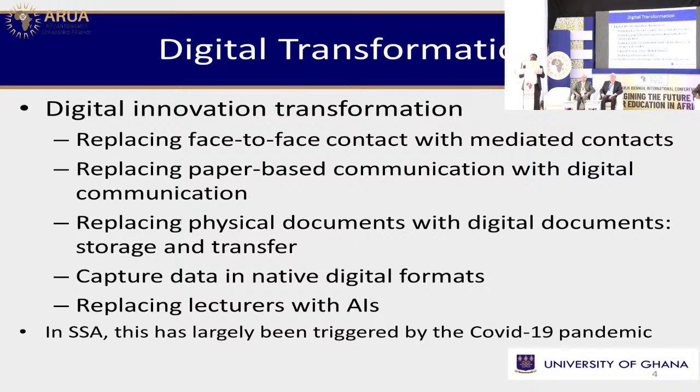So the document itself has become a struggle where we swing between the digital and the physical. And then capturing data in native forms, where we do away with physical paper and physical contact. Some of all these have been attempted.